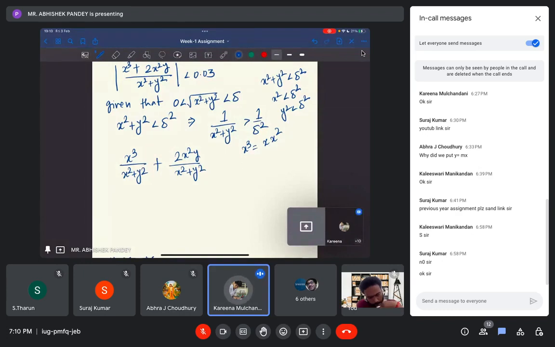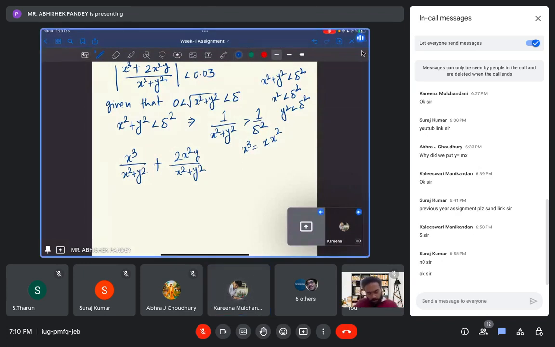Actually, what we have to do is somehow make this thing into this format. Since this is less than 0.03, what would be the range of delta so that this will be satisfied? That we need to find out. Okay, that way is also correct.